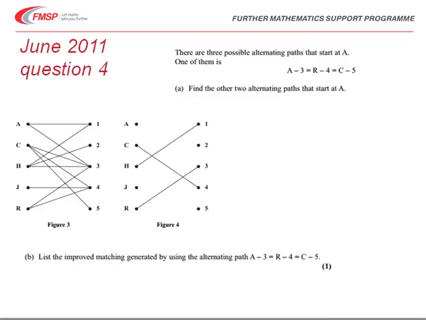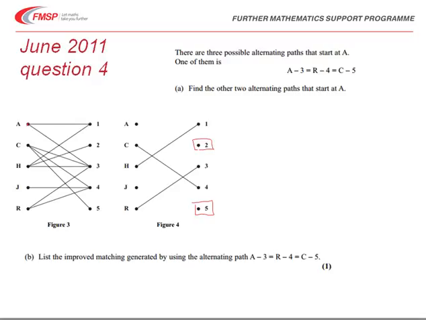Well, in part A of the question then, we're looking for alternating paths starting at A. So if we're starting at A, we need to end up either at 2 or 5 on the right hand side. So let's look at our diagram here. From A, you can see that we could go to 1, which is matched to H, and then from H get to 2.